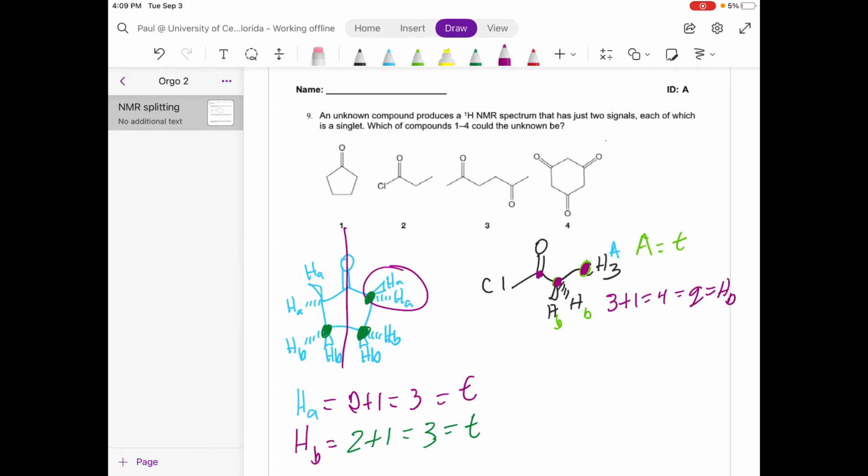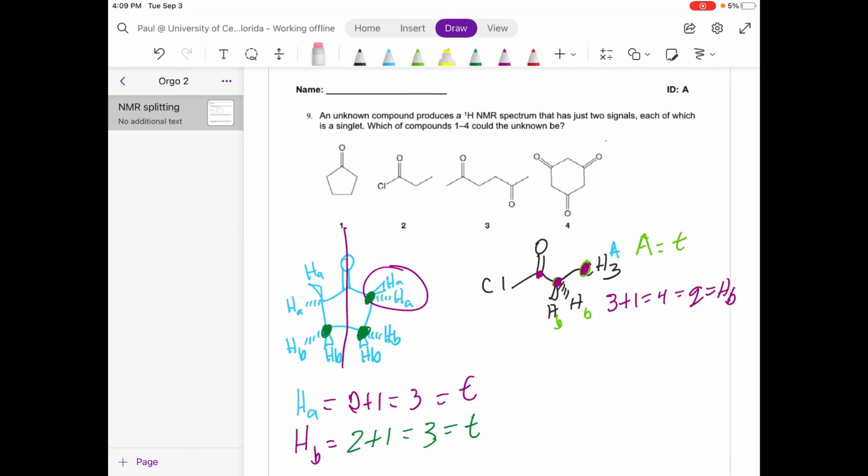So HB gets split by HA into a quartet. So we can annotate this so far. Those protons here are triplets. And, oh, they're all triplets on that guy. Well, we'll keep it the way I've done it so far.